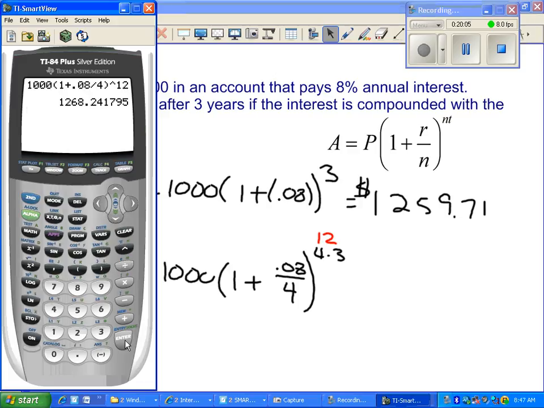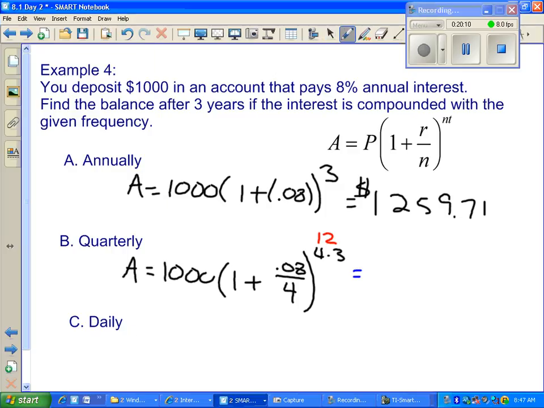I get $1,268.24. So just by compounding quarterly, I've done nothing extra to my money, but because I compound quarterly, I just made an extra $9. And it had nothing to do with the money. It's just the way that I choose to put the money back into the account. I compounded quarterly.